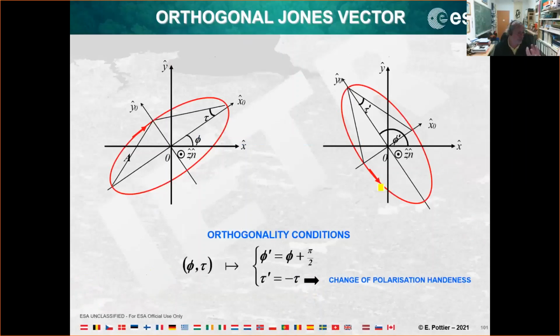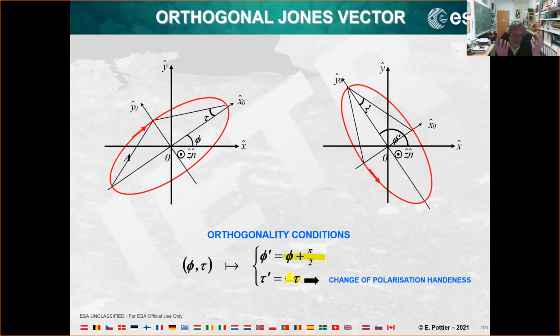And that if you consider a polarization state, the orthogonal polarization state will have an orientation angle plus 90 degrees and will have a change of polarization handedness because the ellipticity will be equal to the minus ellipticity. Okay, so like that, left circular is orthogonal to right circular.